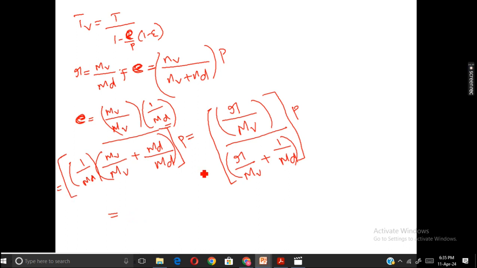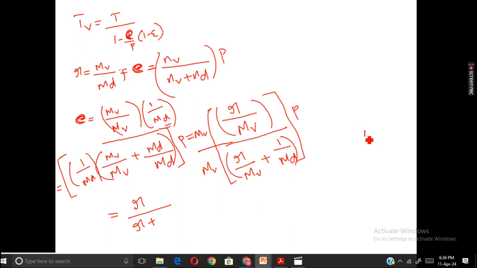Now in order to simplify this, again what we can do is multiply by capital MV, both numerator and denominator. So this mv will be gone, so it will be R by, here also mv will be gone, R plus mv by mv.